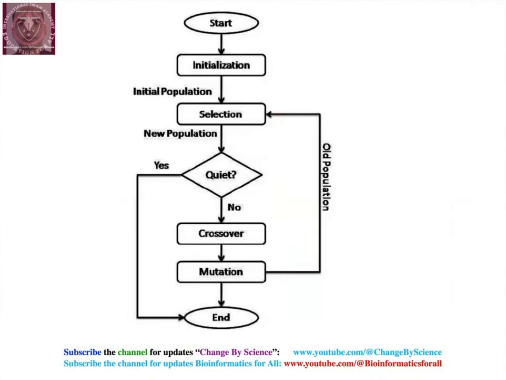Now, if you want to understand these entire genetic algorithm processes and steps in the form of a workflow, you can think about starting where you need to declare or collect all the parameters of your need or requirement.